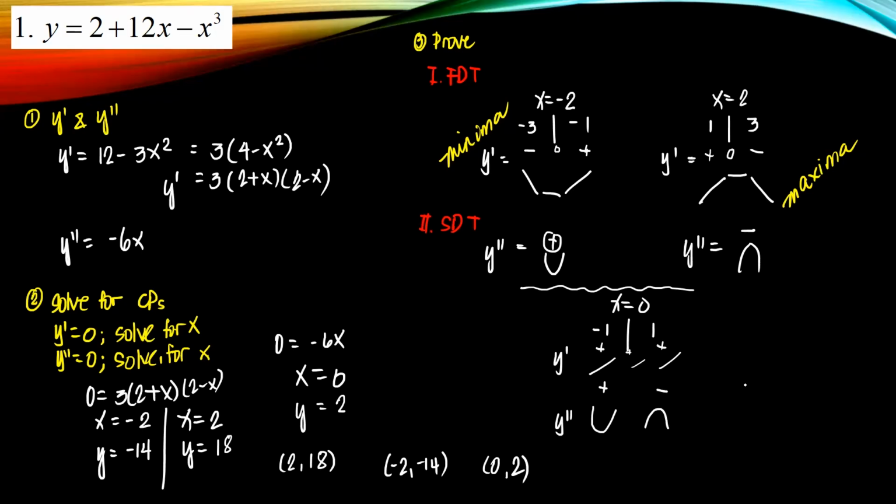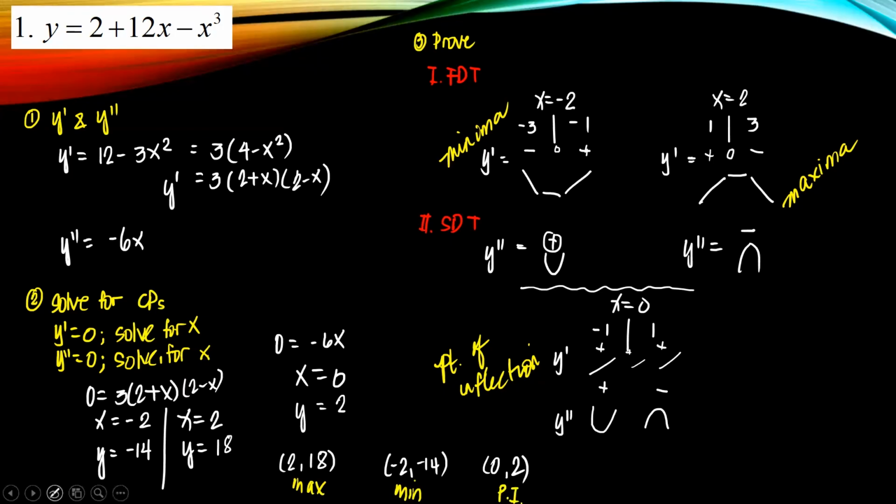So that means this is a point of inflection. So here, 2, 18 maximum, minimum, and point of inflection.